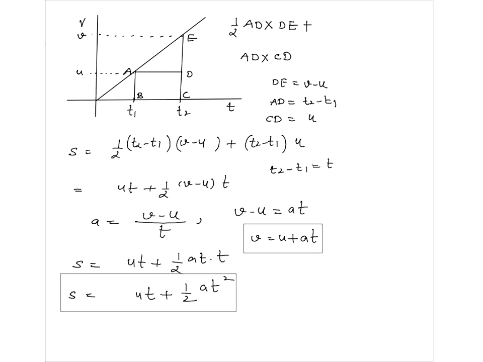Generally, when the VT graph is upward rising type, it obviously means acceleration is positive. Whenever it is climbing, it clearly means acceleration is positive. But it may also happen that some particle was at a high speed and then braking starts.